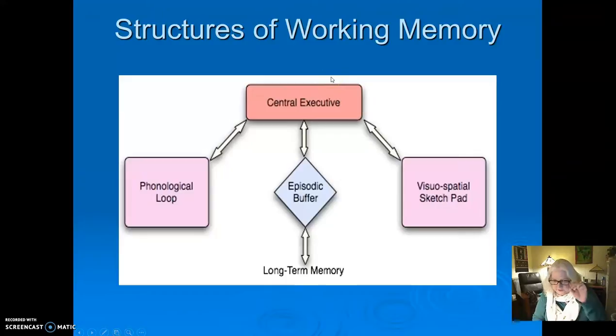There's a little character in our head doing this. Not really, of course not. But it's like that. It's where we are thinking about what this information is and what I need to do with it. If the information is verbal, it's going to go over here, or if it's visual, it's going to be processed over here.